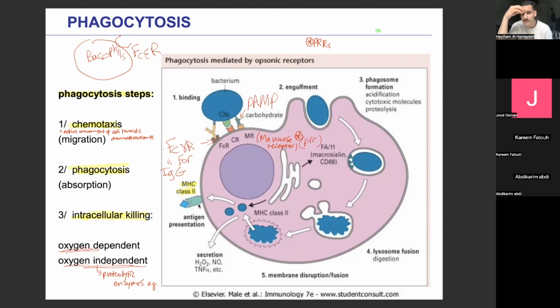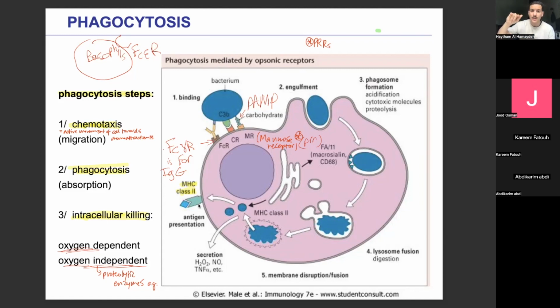Could you repeat the part about the phagosome? So what happens now that we've engulfed the bacteria? What happens in the phagosome? So when a phagosome enters, it has the bacteria, yes?